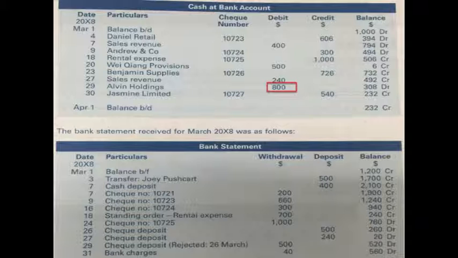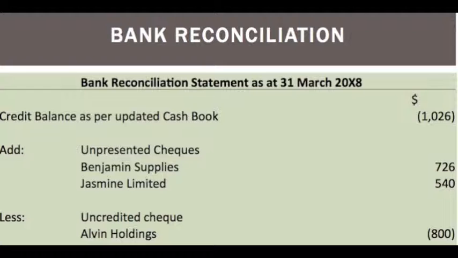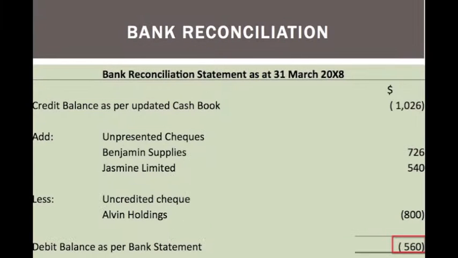We have to minus it off. So for an uncredited check, Alvin Holdings, you will less off 800 because the bank wouldn't have included it in the bank account.